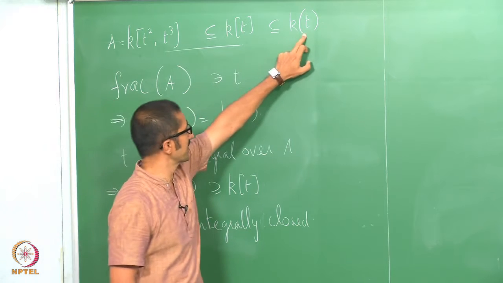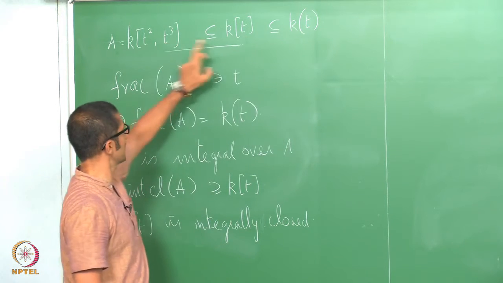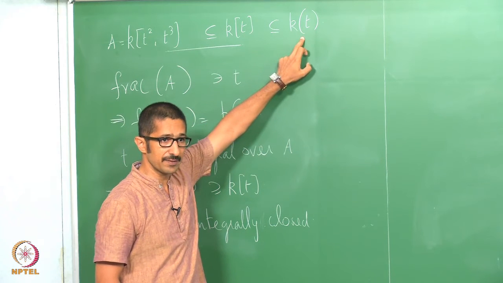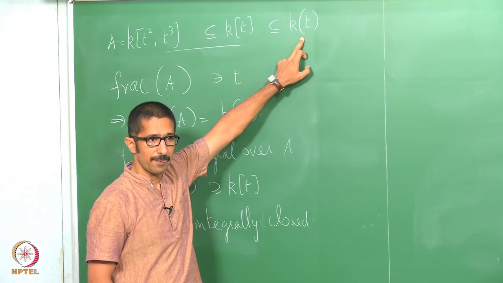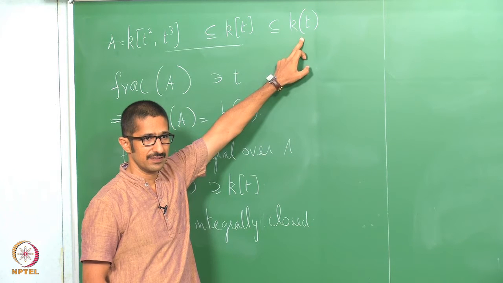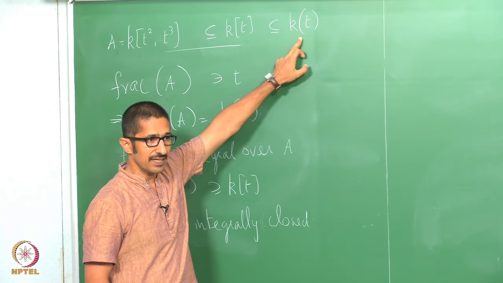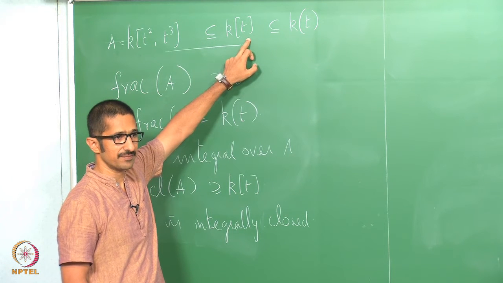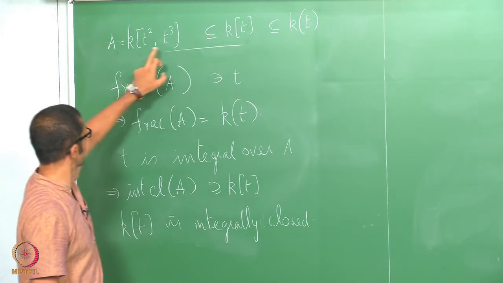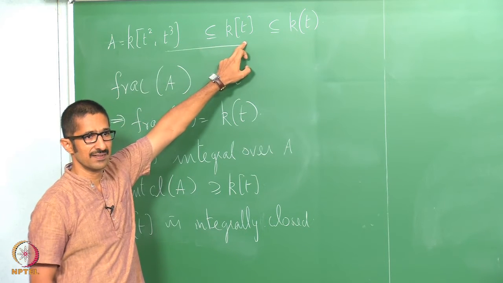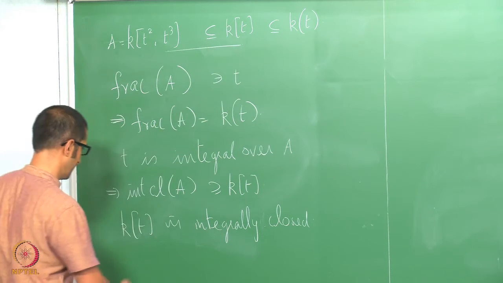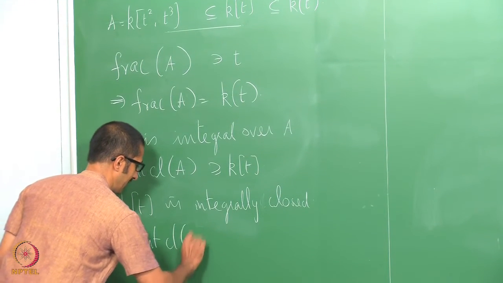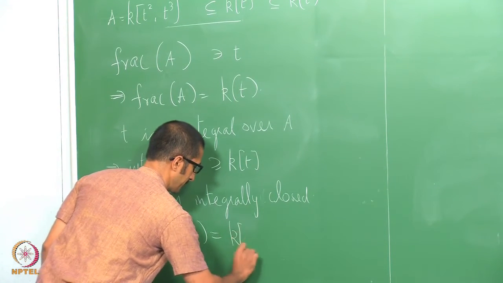So, if I have something here which is integral over this, it is integral over this, but then this is integrally closed here, right. Therefore, that element has to be in k[t] itself. That means the integral closure of this is k[t] itself. This implies that the integral closure of A is equal to k[t].